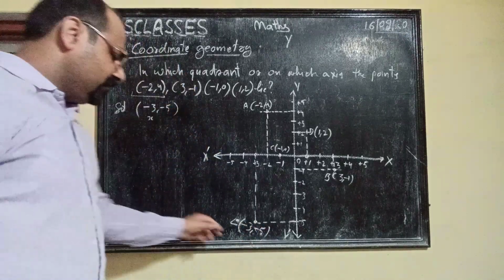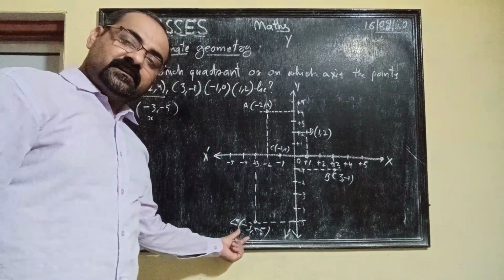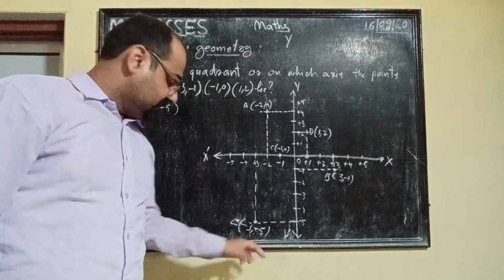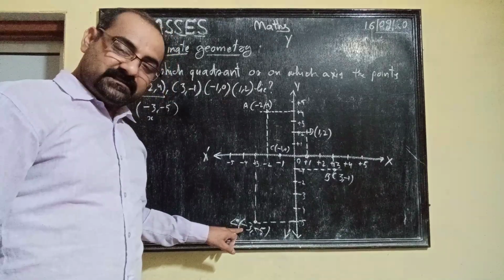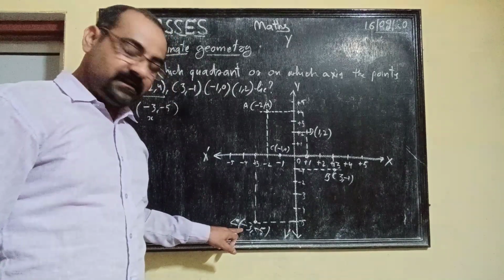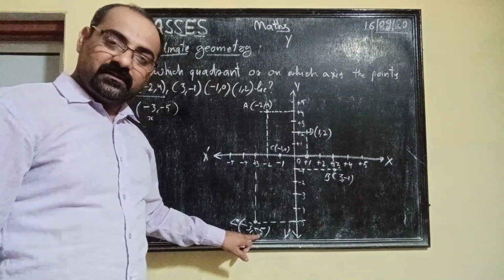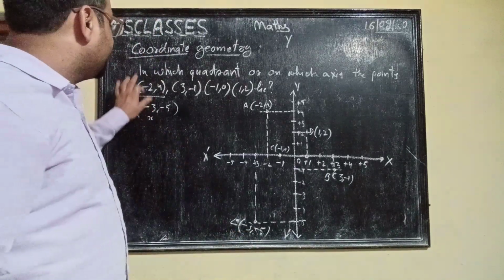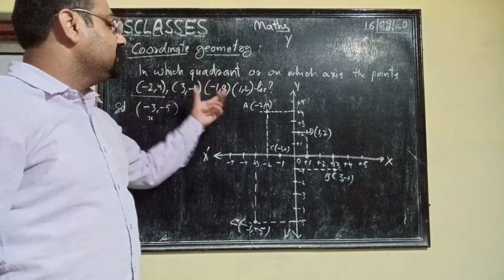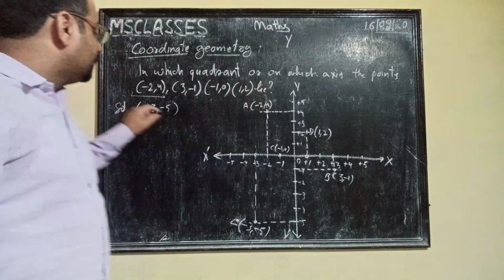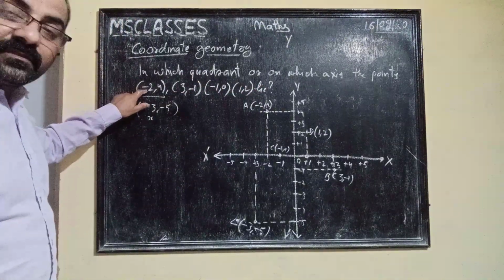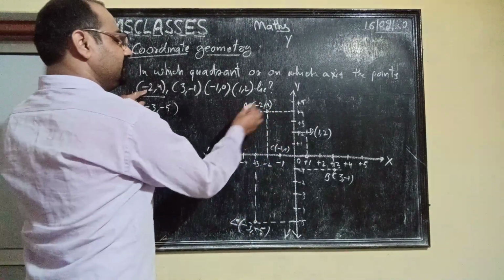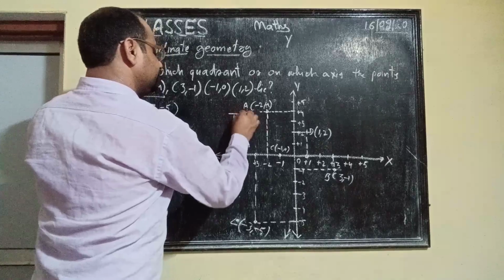So guys, your first coordinate is the abscissa and the second is the ordinate, right? So this is x, the value of x is minus 3 and the value of y is minus 5. Now you have to find out in which quadrant these points lie. So we see minus 2 comma 4, this is here A, and this lies in the second quadrant.